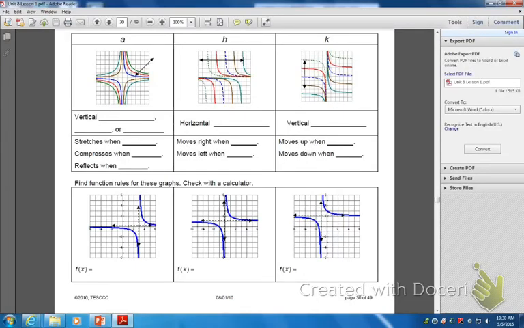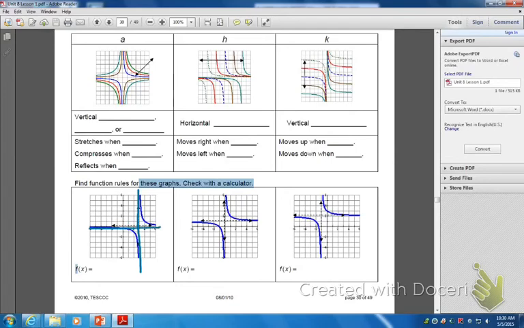Okay, so let's look at our first one. Where is your vertical asymptote? At 3. So they show you. So we should have a new vertical asymptote here. What about our horizontal? So your horizontal did not change, right?